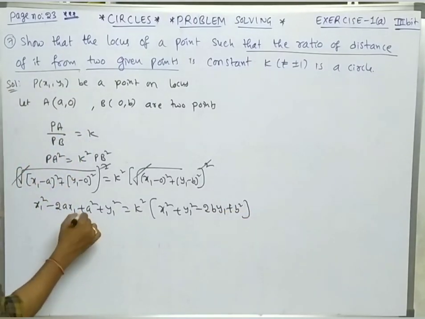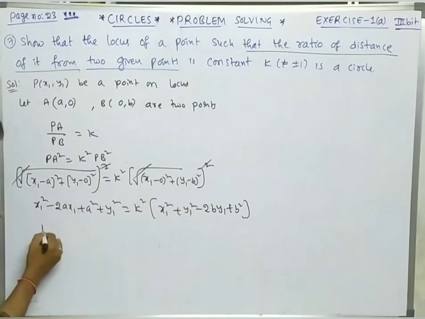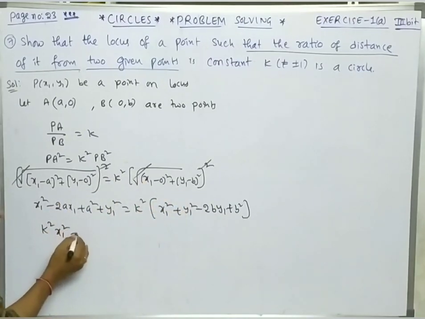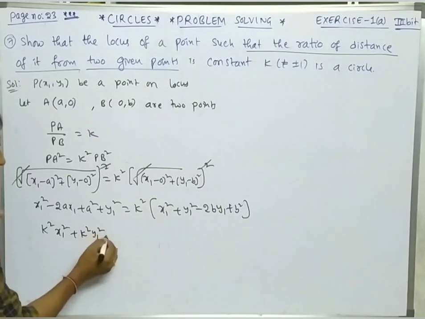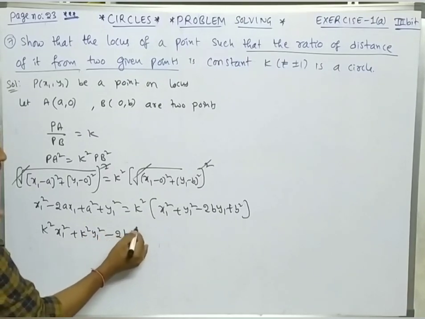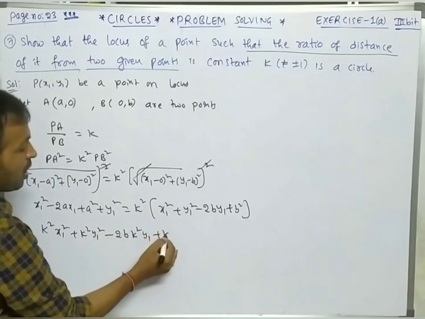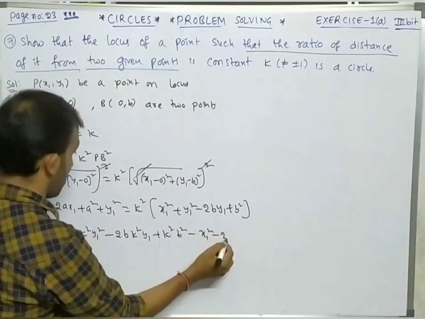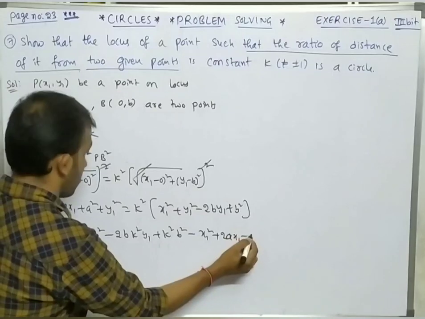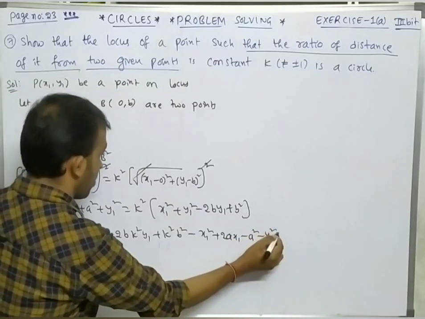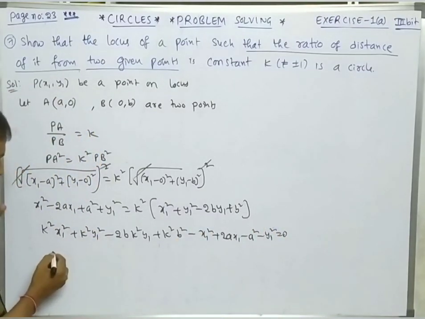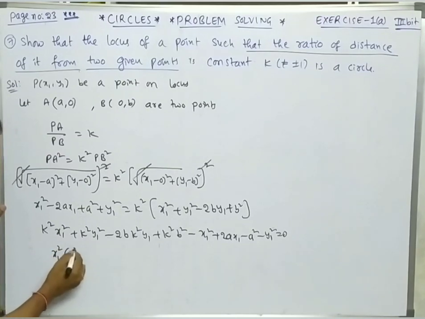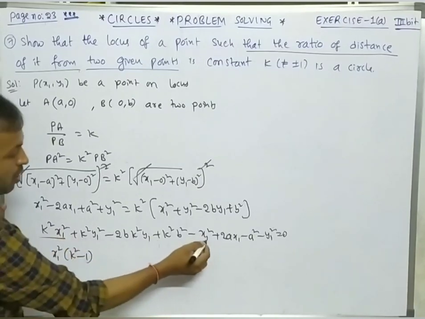Now bring all these terms to one side: k square x1 square, k square y1 square, minus 2b k square y1, plus k square b square, minus x1 square, plus 2a x1, minus a square, minus y1 square is equal to 0. So here x1 square common, k square minus 1 in these two.